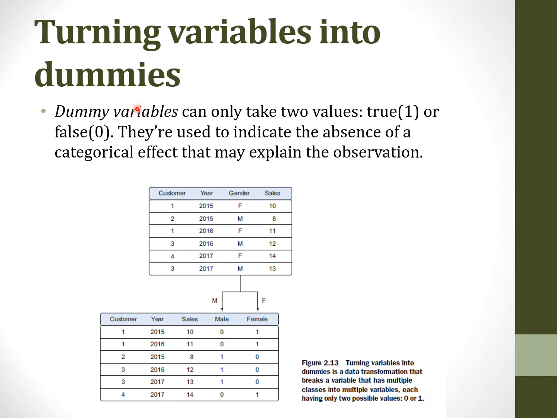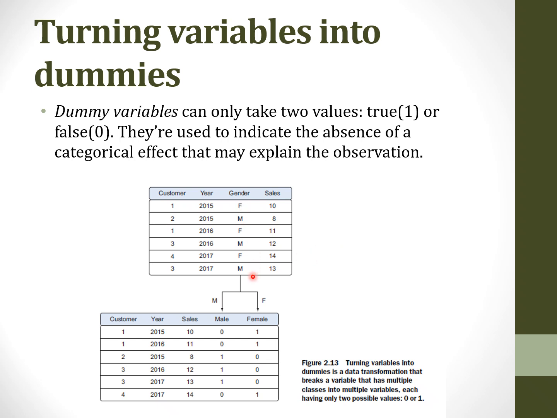Next comes turning variables into dummies. Dummy variables are variables which can take only one of two values, which is 1 or 0. Presence or absence of a category will be denoted by this 1 or 0. We can see a table here. Gender is there: female, male, female, male, like that.